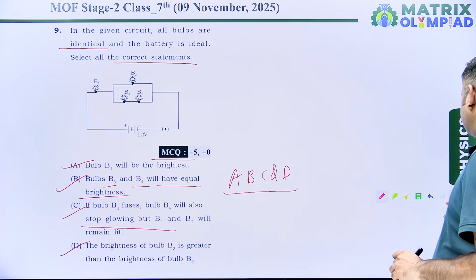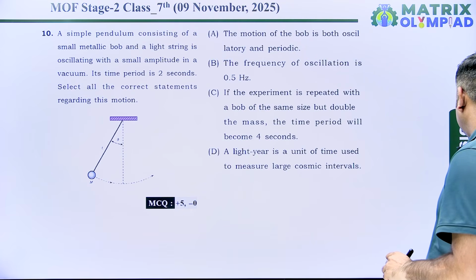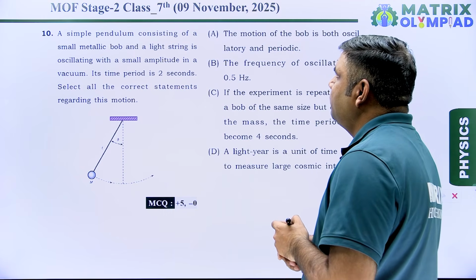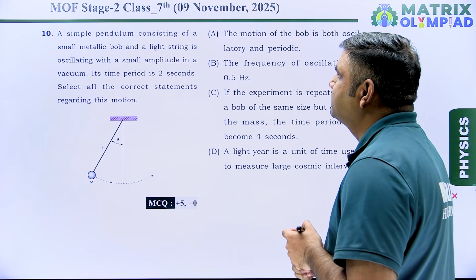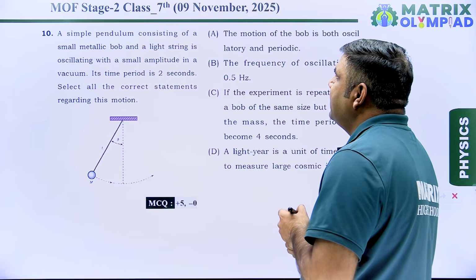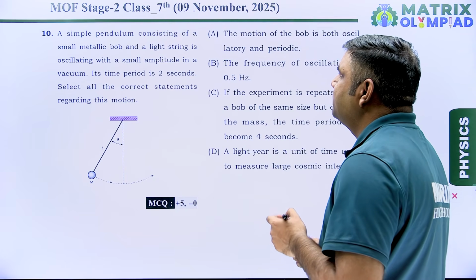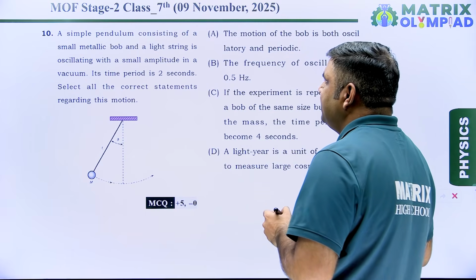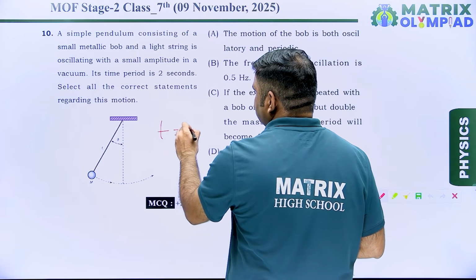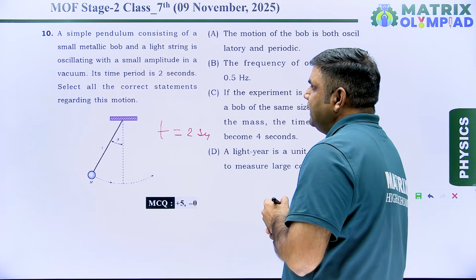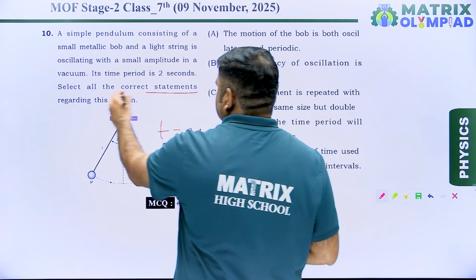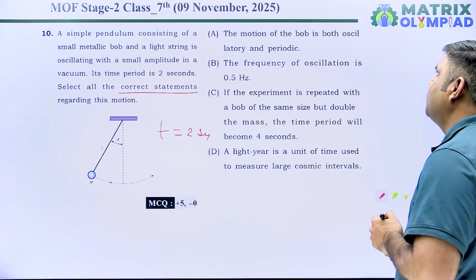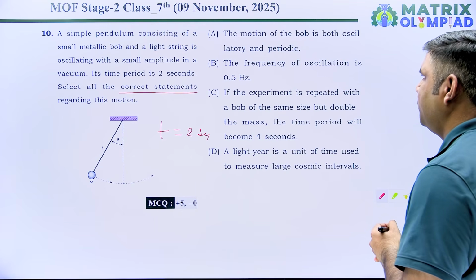Let's move to the next question, that is question number 10. In question number 10, a simple pendulum consists of a small metallic bob and a light string, oscillating with a small amplitude in a vacuum. Its time period T is given, that is 2 seconds. Select all correct statements regarding this motion. The first option is the motion of the bob is both oscillatory and periodic.